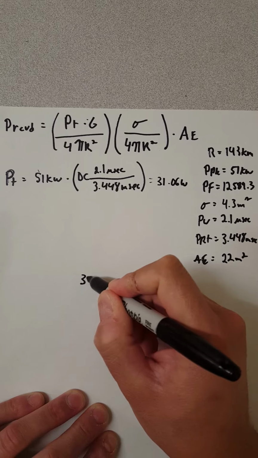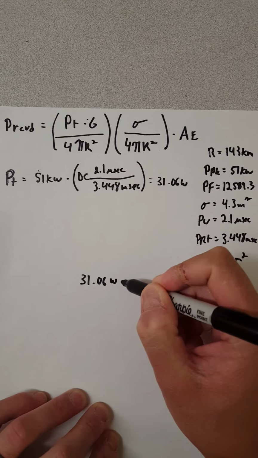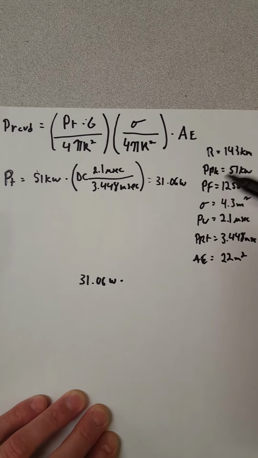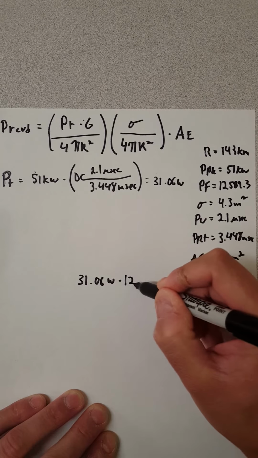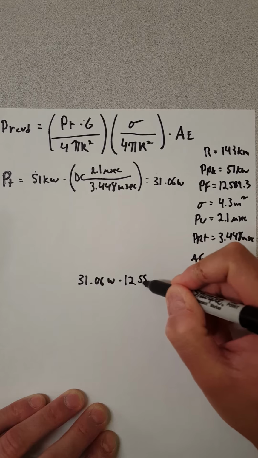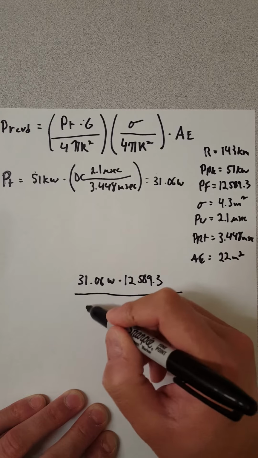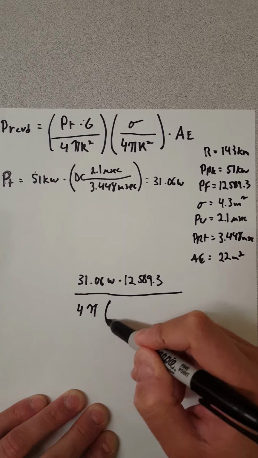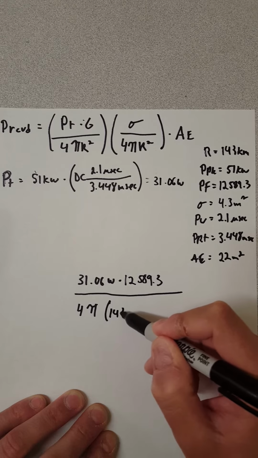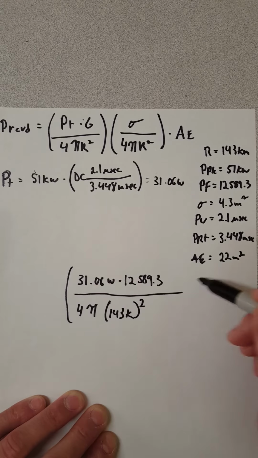And I can write that down here as the start of my setup for the equation. Times the gain, which is a power factor, and that's already given to us, so that kind of eliminates that step. 12,589.3 over 4 pi. Our range is already in kilometers, so 143K squared. Let's go ahead and figure this part out.